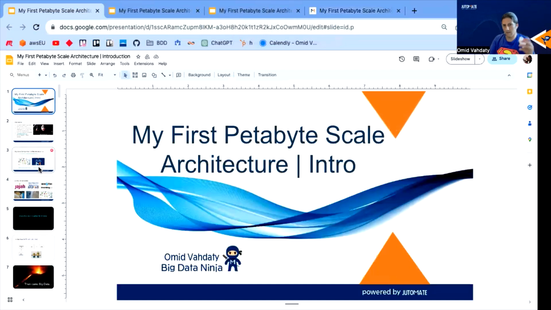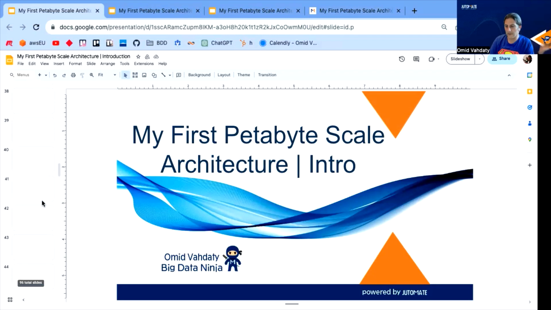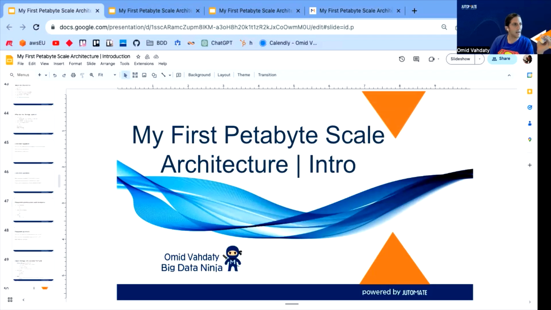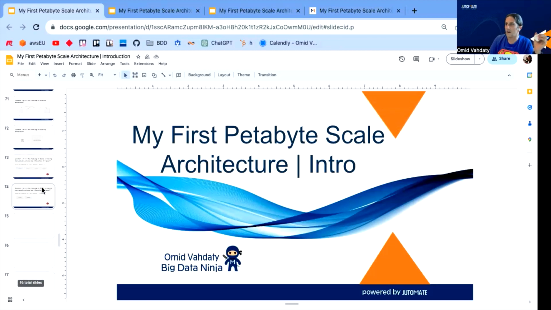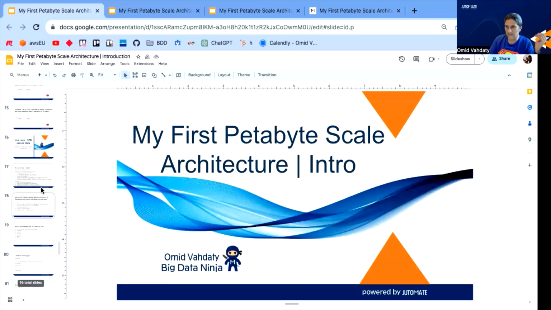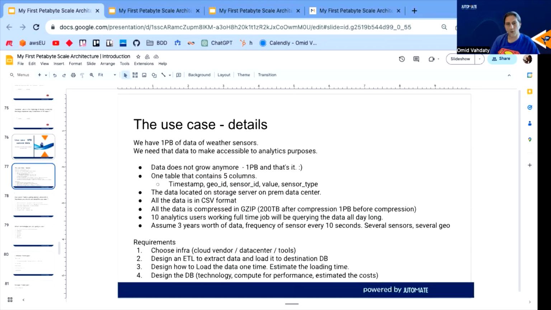Okay, so without further ado, let's talk about the use case. Just as a quick reminder, the use case is just an example. It's not something too complex in terms of theory, but just to get us all aligned. The use case is always important when you want to build a new architecture.